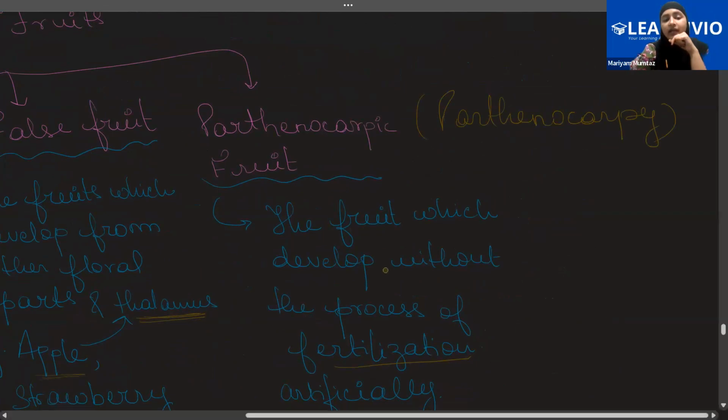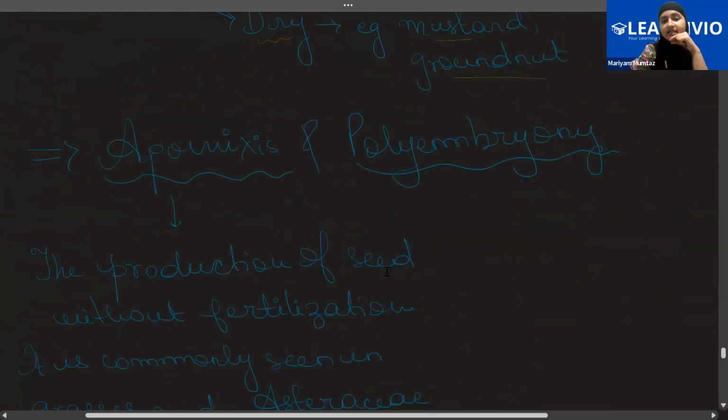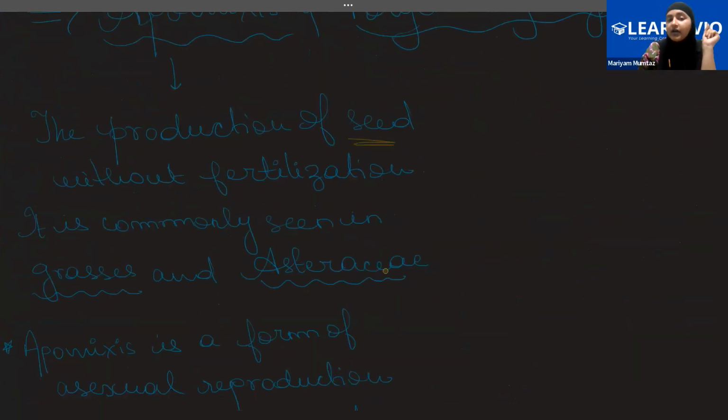Now talking about apomixis. Apomixis is the production of seed without fertilization. It is commonly seen in grasses and Asteraceae. Apomixis is a natural phenomenon. In some plants, seeds are formed, but fertilization was not done naturally.